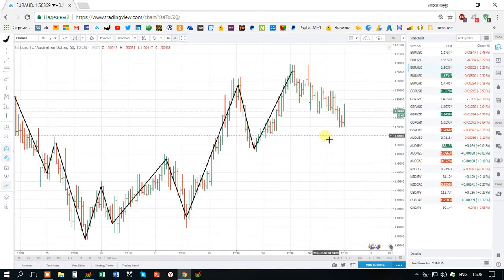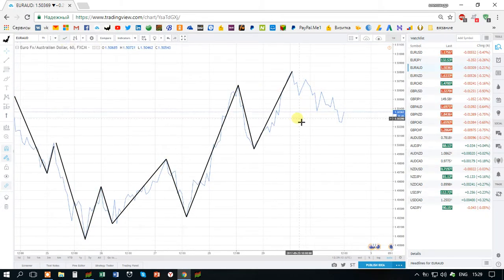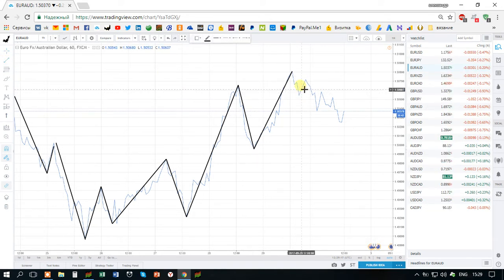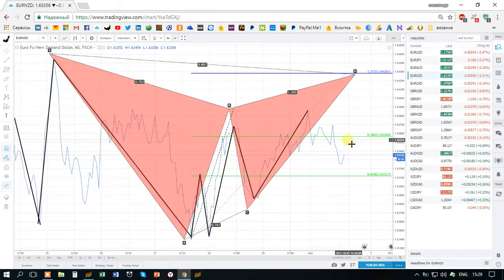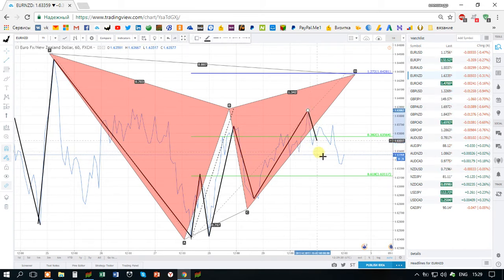Euro Aussie. Let's see if we have some new swings. Yes, we have a downswing like this. But no patterns. Euro New Zealand, we are waiting for this larger pattern to complete. Let's see if we have some other swings.